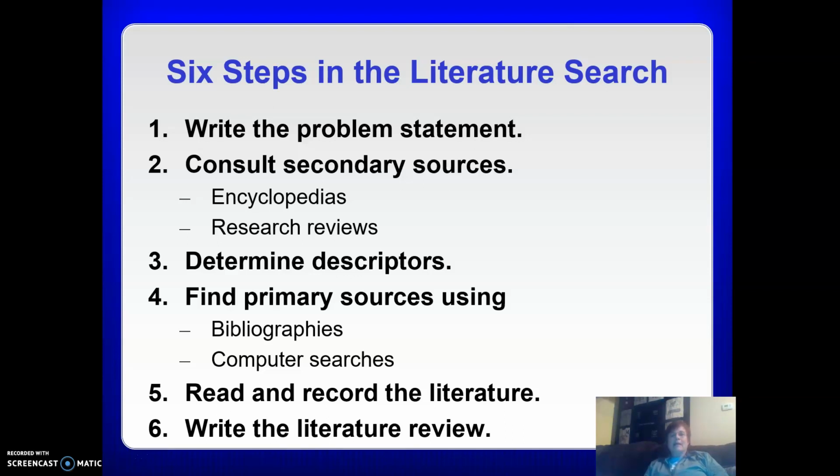It sounds like a lot, but again, if you go step by step and are very methodical and don't procrastinate, you'll find that the literature review process is a great way to learn about the topic of interest that you're investigating.